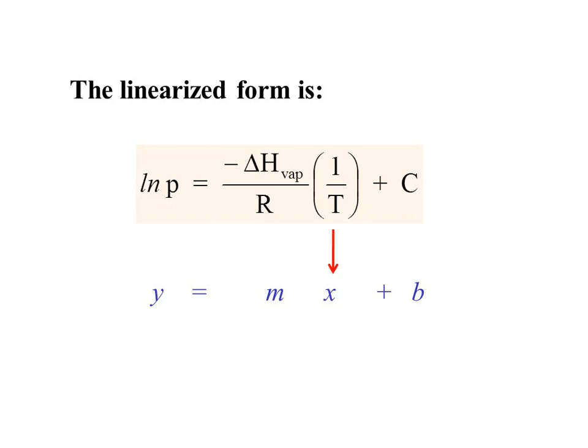We do this a lot in physical science. We look for a relationship like the Clausius Clapeyron equation, and then we look for a way to plot that relationship. If we pull out the 1 over T term, we are going to plot that on the x-axis.